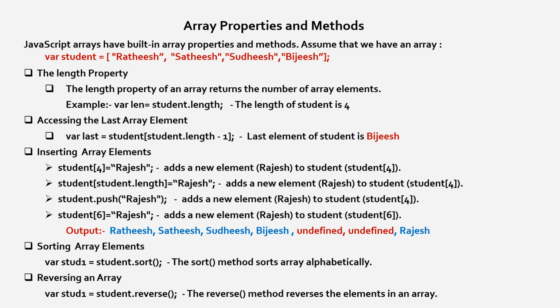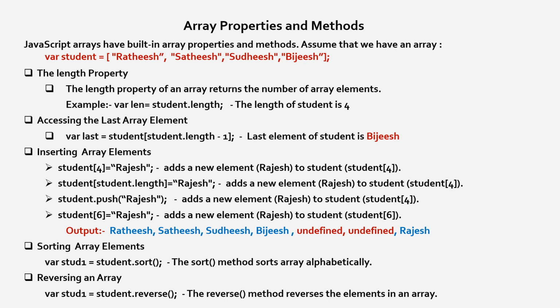Now the first property is the length of the array. We use student.length, and that is going to return 4. 4 in the sense that there are 4 elements in the array, so the length is 4 here.